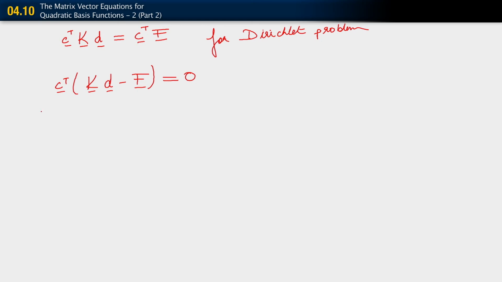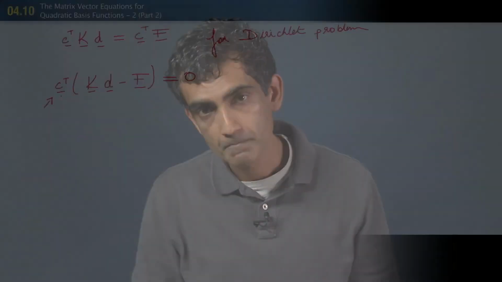Right, it is C transpose, or the C vector, because that contains the degrees of freedom which are going to be interpolated to form the actual weighting function field. They'll be interpolated using the basis functions. So, if our weak form has to hold for all WH, what can we say about this final equation with regard to C?